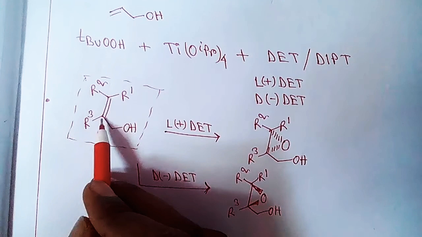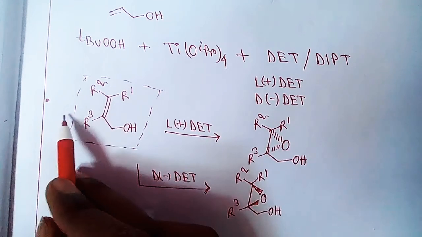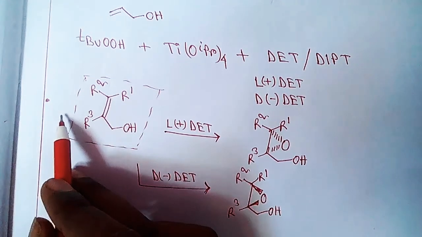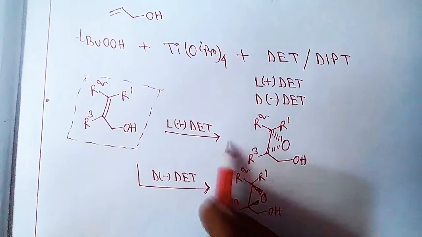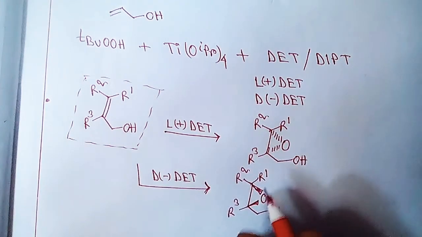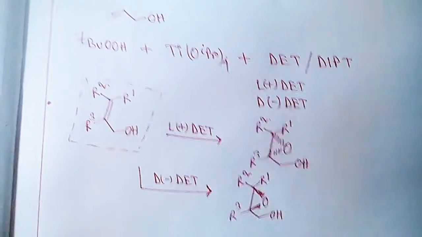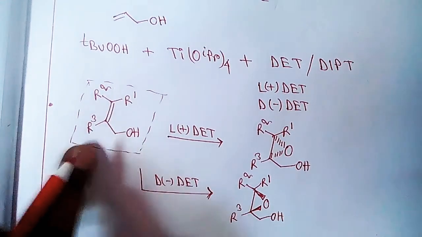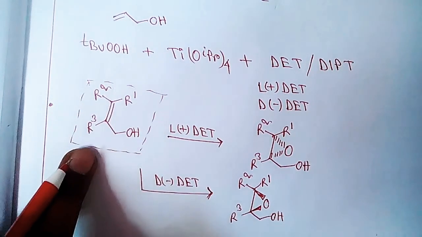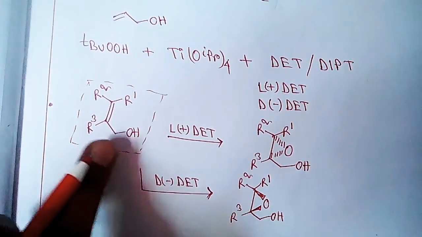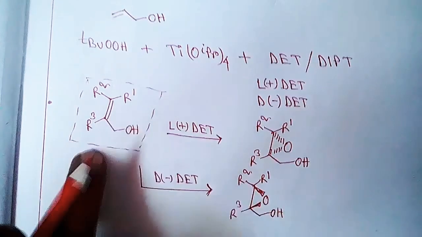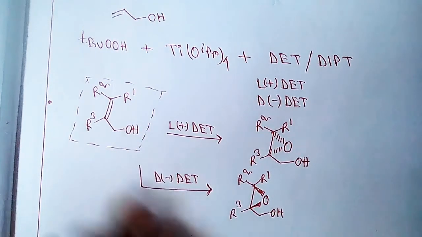If you draw it the other way and use the same rule, you will get the wrong answer. So to solve the question, you have to draw the allylic alcohol in that way in Sharpless epoxidation.